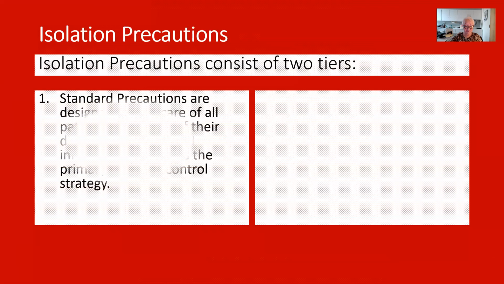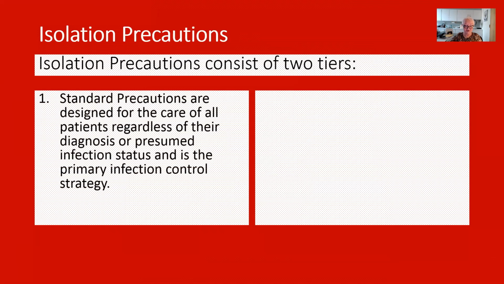Standard precautions are designed for the care of all patients, regardless of their diagnosis or presumed infection status, and are the primary infection control strategy. Standard precautions combine the major features of universal precautions and apply to blood, all body fluids, secretions, and excretions, whether or not they contain visible blood, non-intact skin, and mucous membranes.